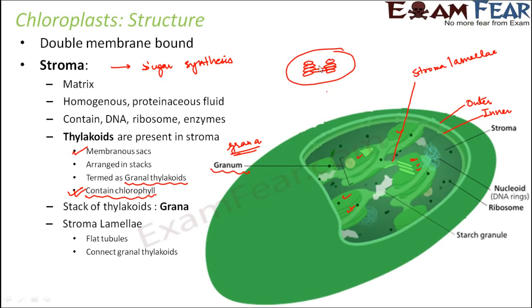Coins are the thylakoids, stack of coins is the grana, connected together by stroma lamellae, and the entire fluid filled space is stroma. So these are the important parts of the chloroplast. Chlorophyll is present in the coins, that is in the thylakoids. The sugar synthesis process of photosynthesis takes place in the stroma.